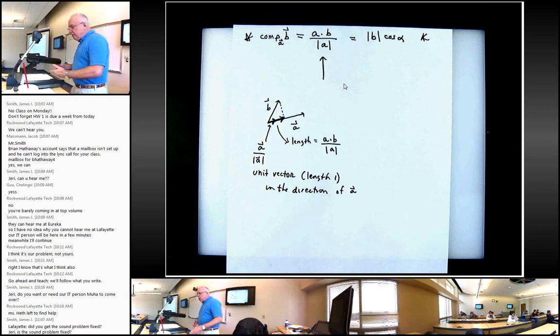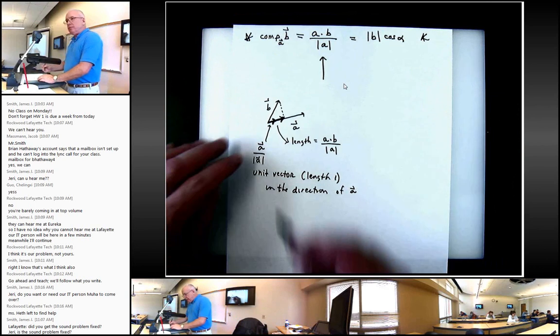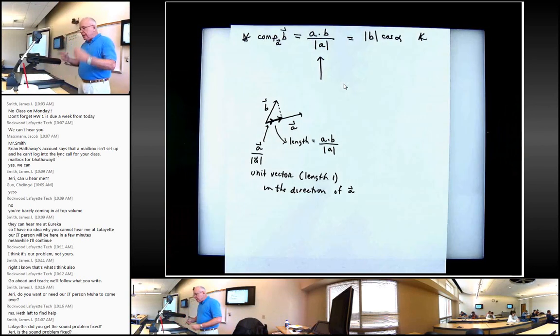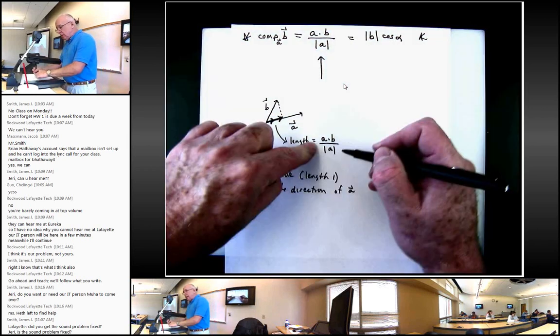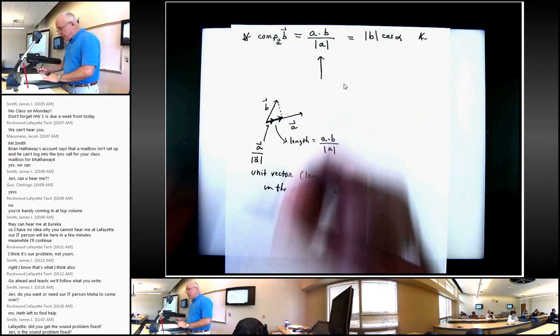So to get a vector that has length A dot B over the absolute value of A, we just multiply this amount times our unit vector.